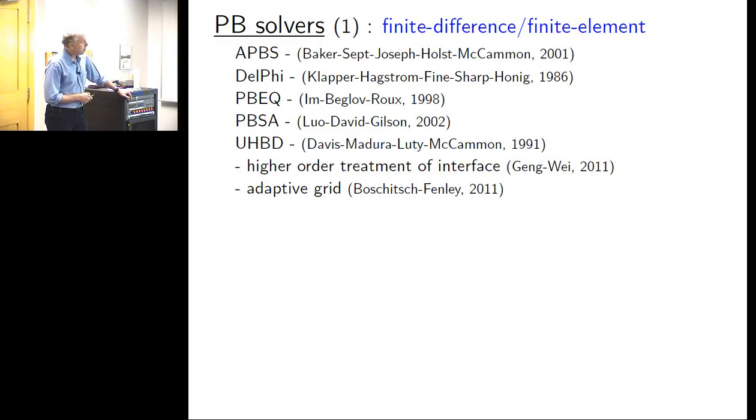And recently, I would say, some of the work that's appeared in the context of finite difference solvers is higher order treatment of interface conditions. This is my former postdoc, Wei Gang, and he was a student at MSU with Guo Wei. They worked on that. Also an adaptive grid finite difference method has been developed. Alexander Boschitz and Marsha Fenman have been developing that.